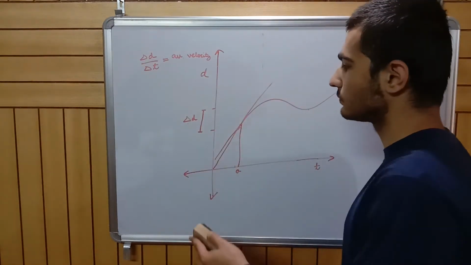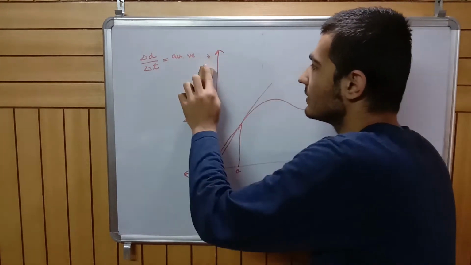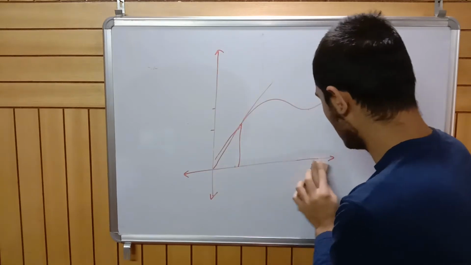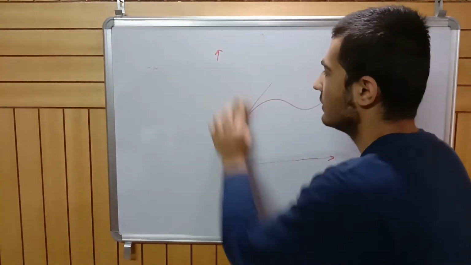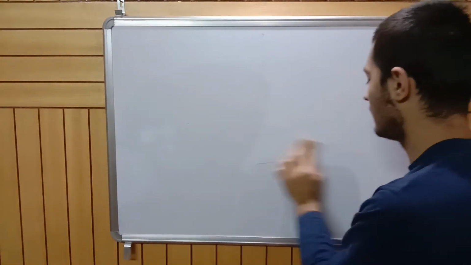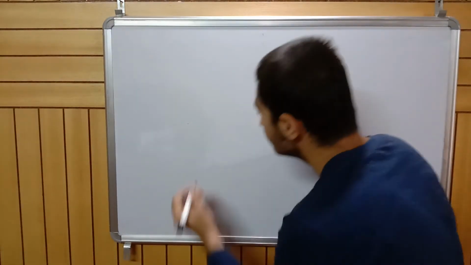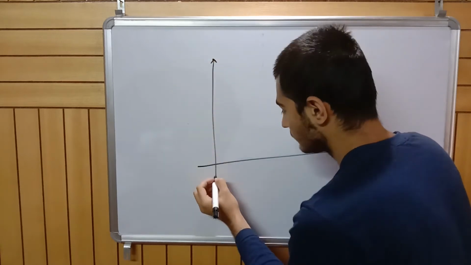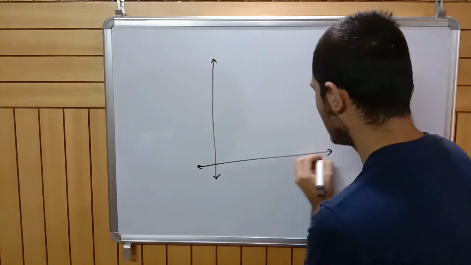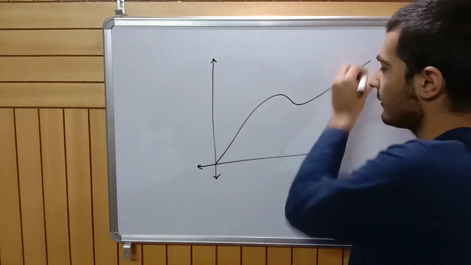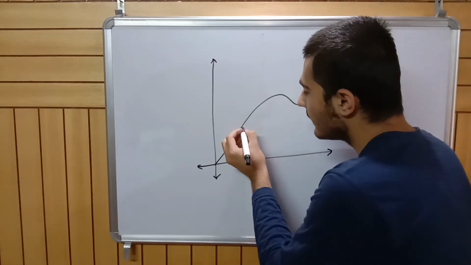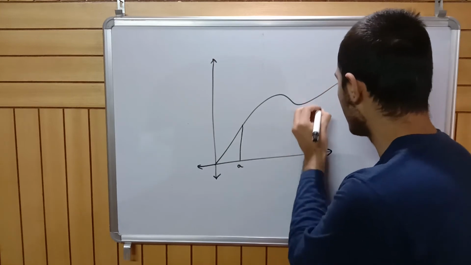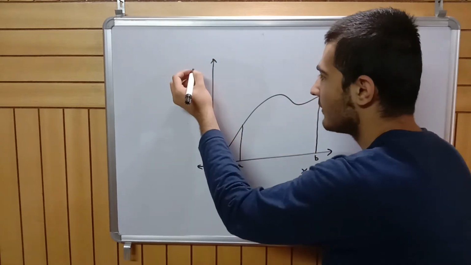Now let us take a general case. I'll just redraw this quickly. I'll stick to the same graph. Let us take two points A and B here. This is my x-axis, this is my y-axis again.